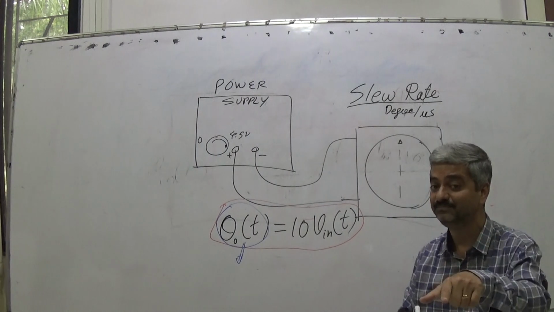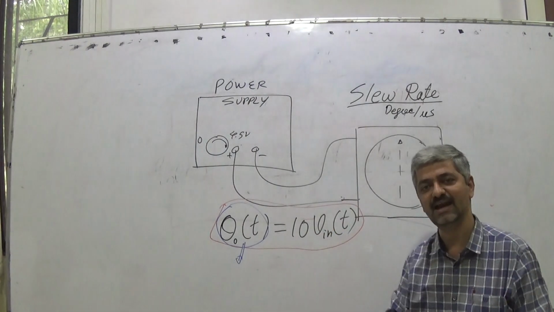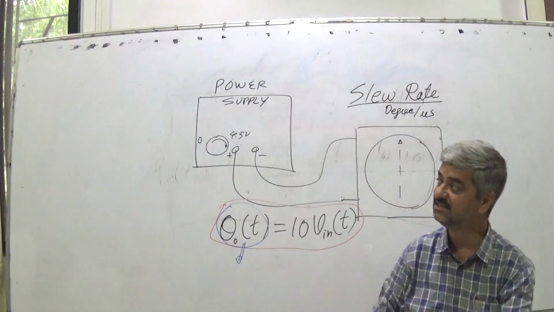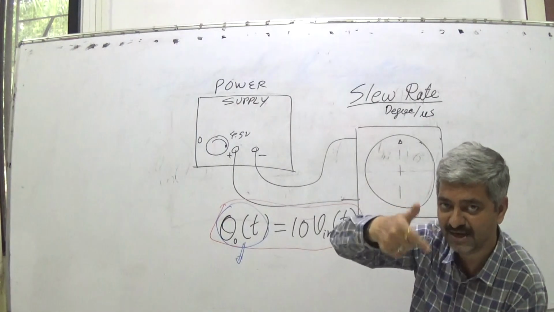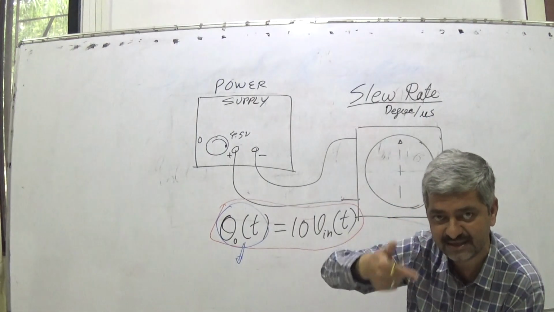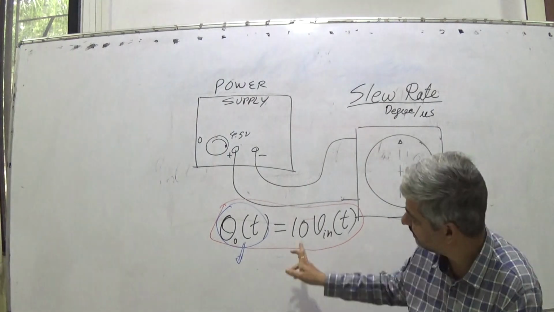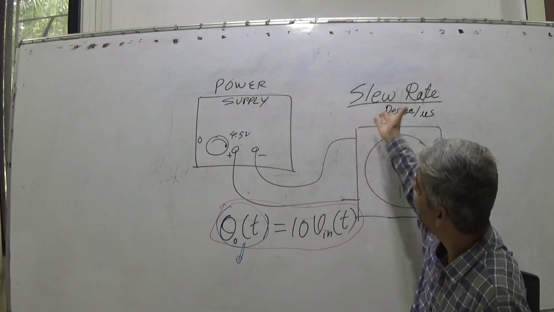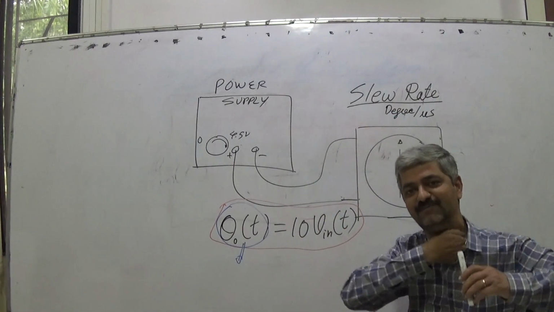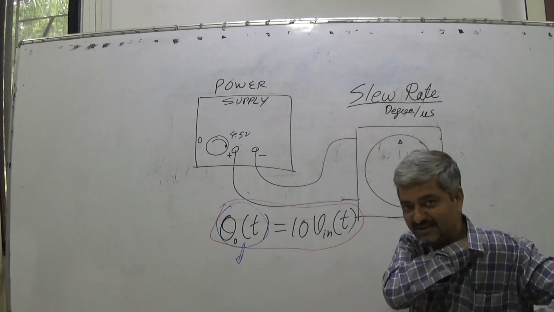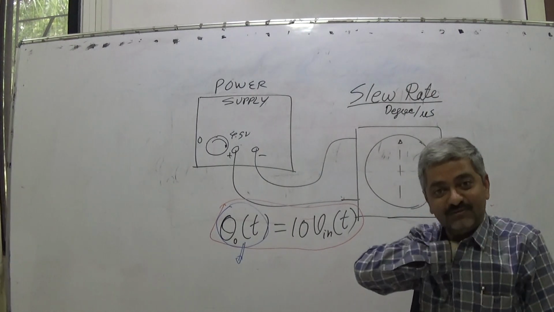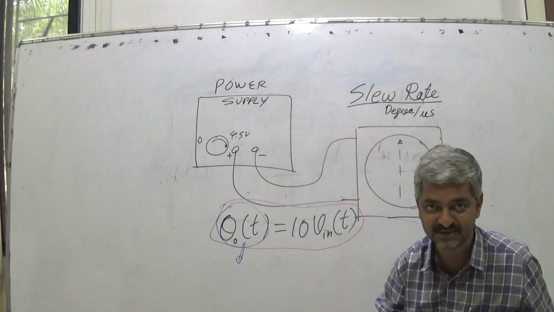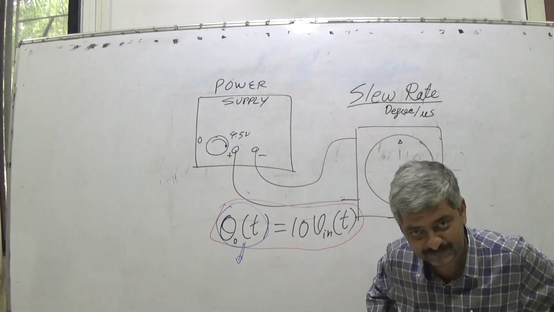So if my input is changing at such a rate that 10 times that rate is more than the maximum rate at which the output can deflect, obviously the output will not be able to follow the input as expected. Is it clear? I will explain in Marathi.